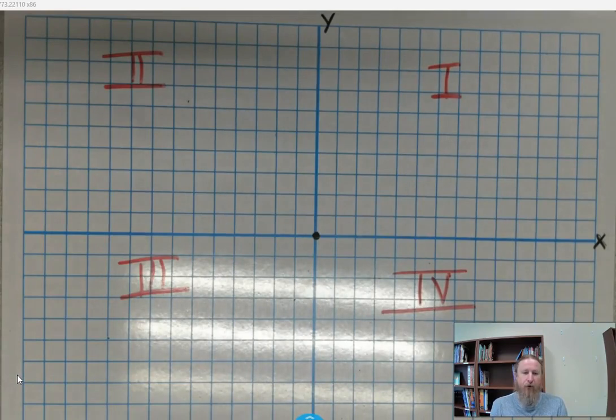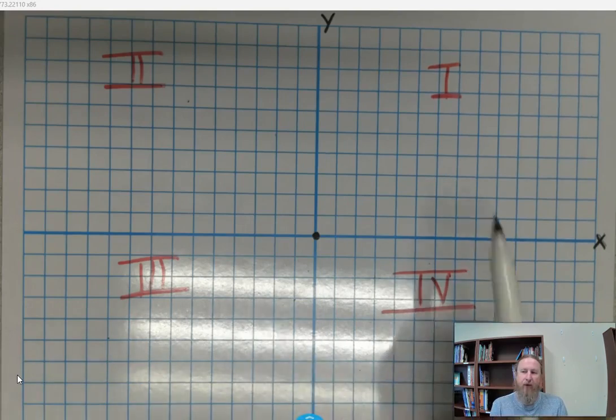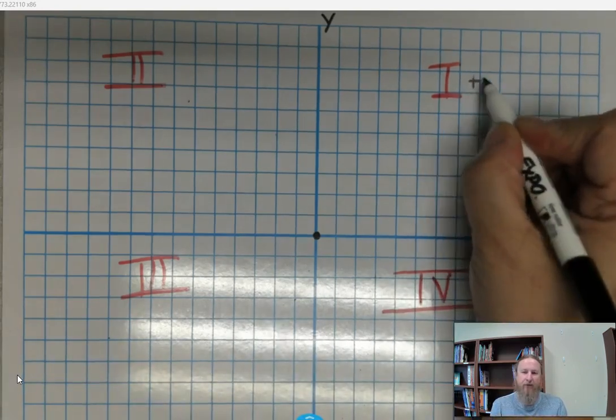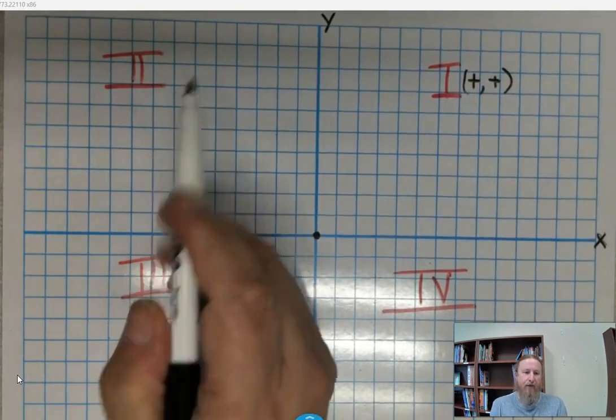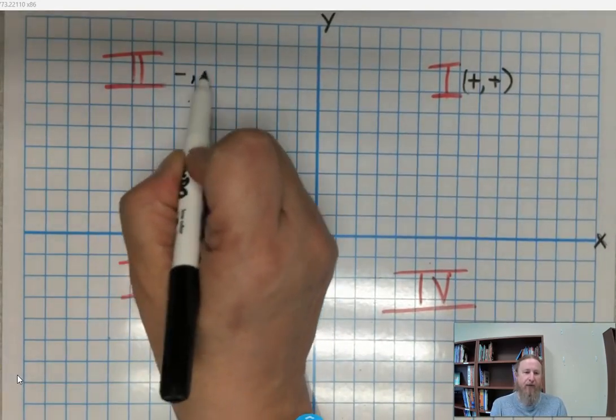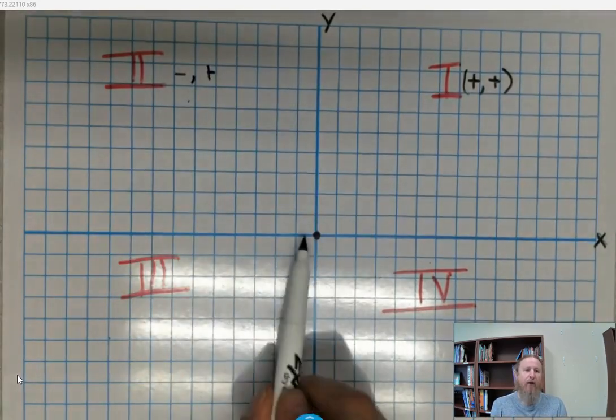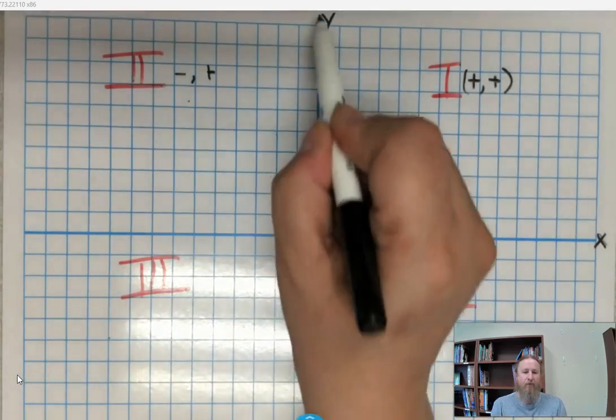You can also tell what quadrant a point is in by the signs of the two numbers in the ordered pair, which we will get to in a moment. But quadrant 1, the signs are positive and positive, because you are positive on the x and the y-axis. Quadrant 2 is negative then positive, because it is negative in the x quadrant, but positive in the y.